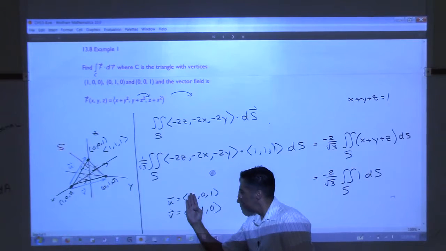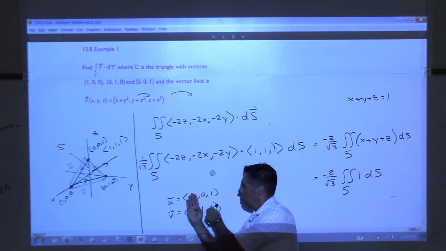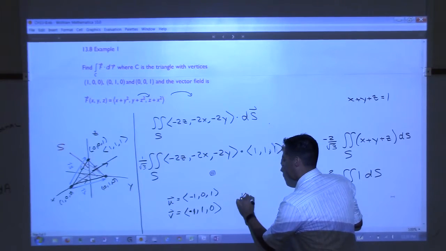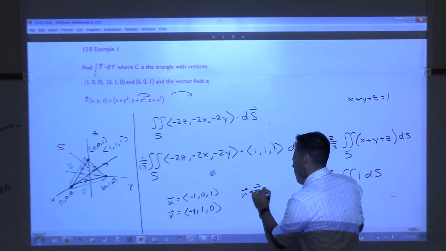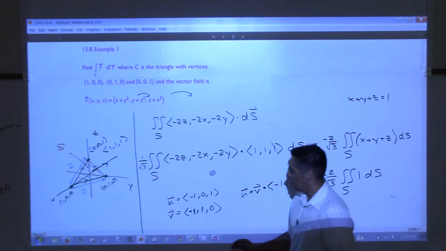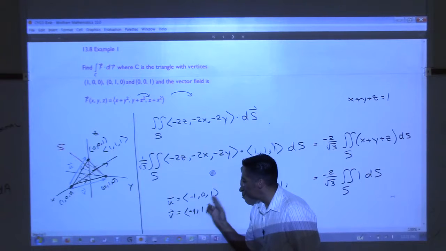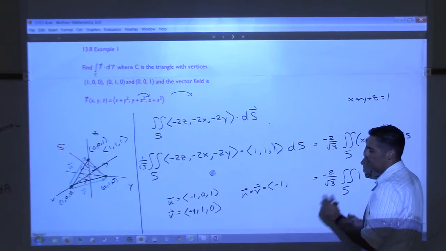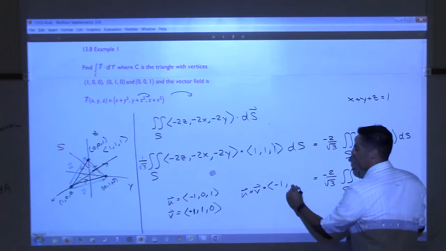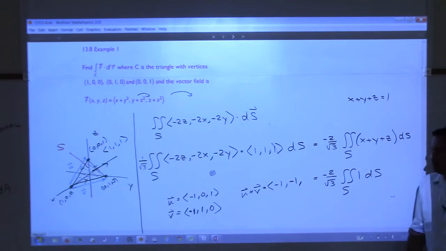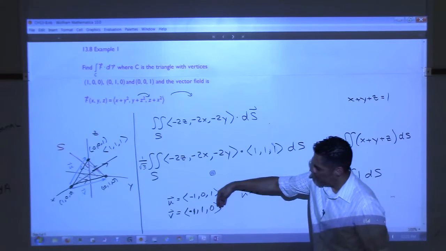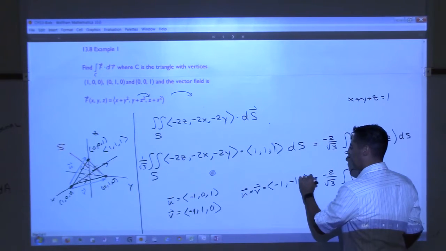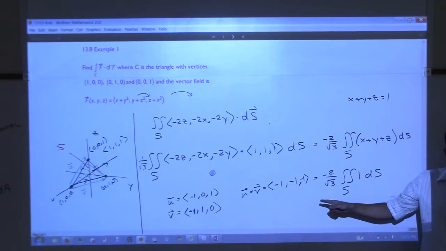Cross those, you get 1, and then you get, cover that up, 0 minus... yeah, but you have to switch it. So 1 again. And then, what's the last one? 1 again. Then take its magnitude.